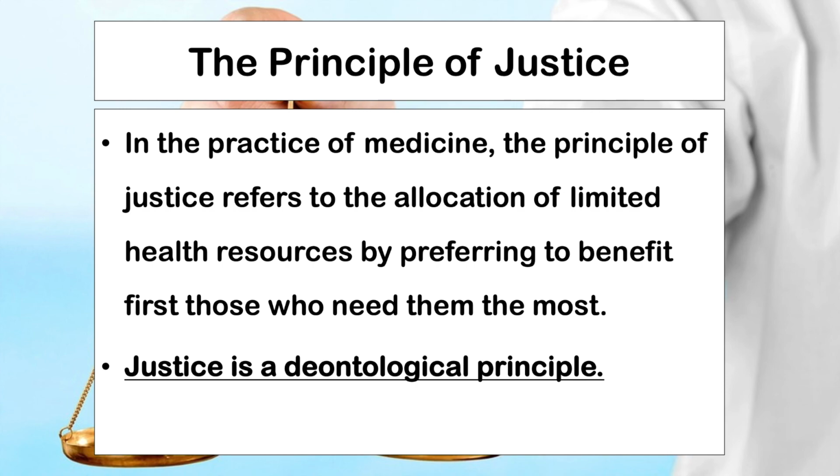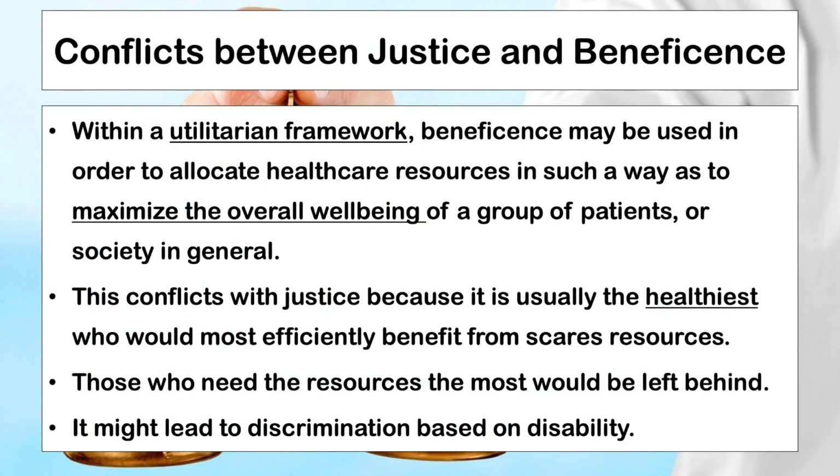So because of that, it's very often that justice conflicts with beneficence, especially when we're looking at a utilitarian calculation. So you will recall that utilitarianism is a version of consequentialism where we are estimating the right thing to do based on the consequence for the society as a whole. So the principle here that is often articulated is the greatest happiness for the greatest number of people.